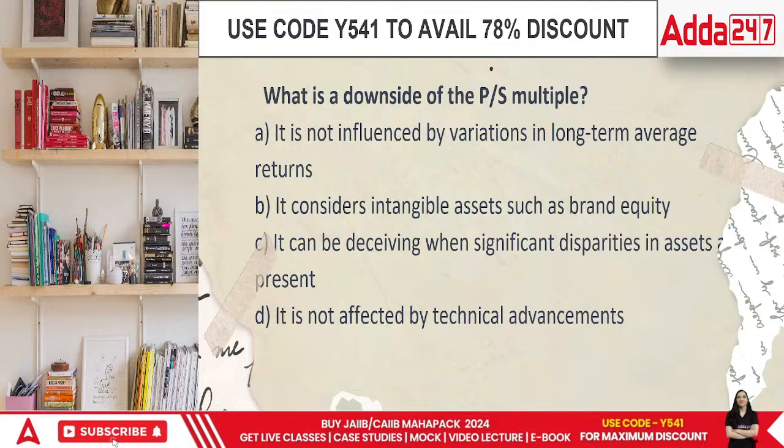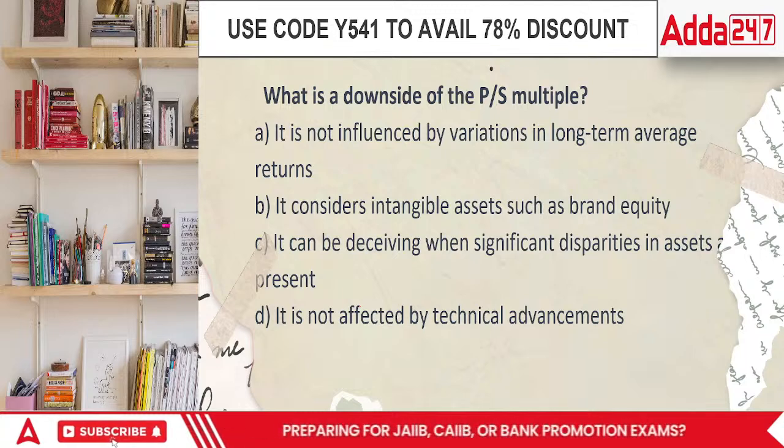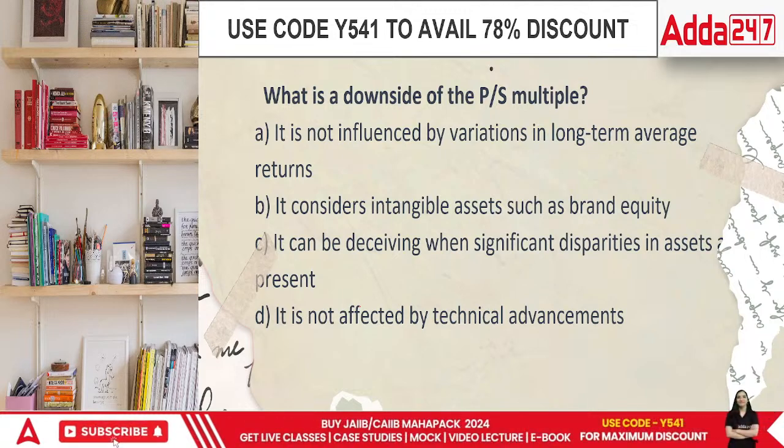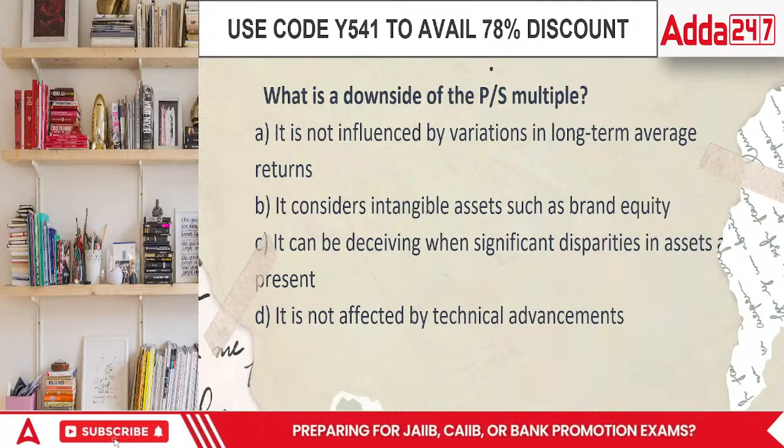It is not influenced by variations. It considers intangible assets such as brand equity. No, they don't. It can be deceiving when significant disparities in the assets are present, or it is not affected by technical advancements.